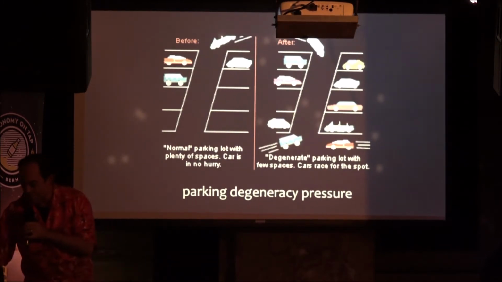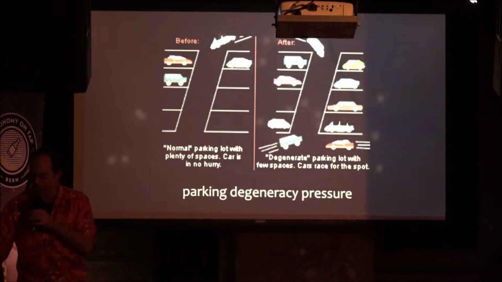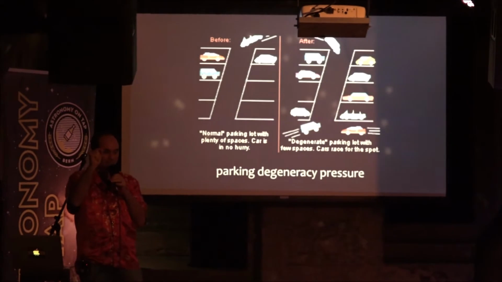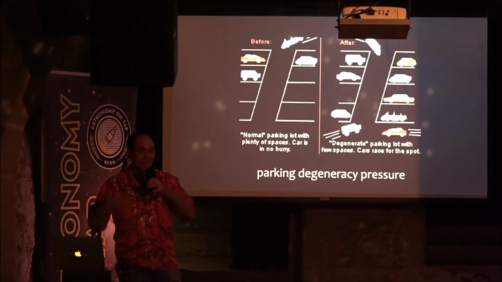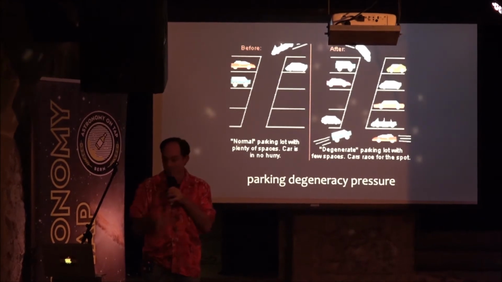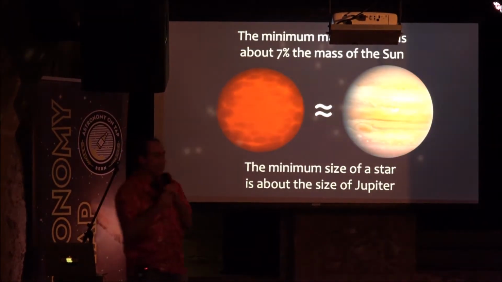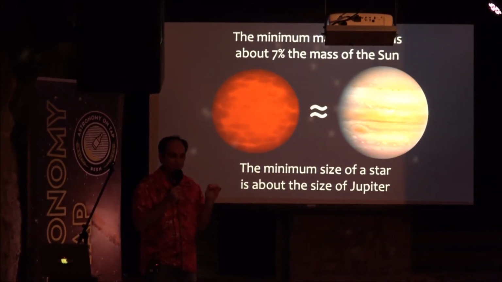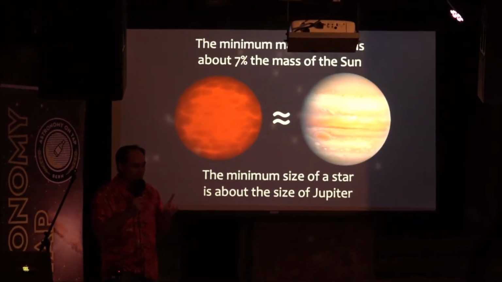So it turns out inside stars, not cars, you can have degeneracy from electrons, the smallest little particles, and that provides a pressure support that stops stars from collapsing when they get dense enough. That pressure support stops the formation of stars at about 7% of the mass of the sun. Now, I should be very clear here.